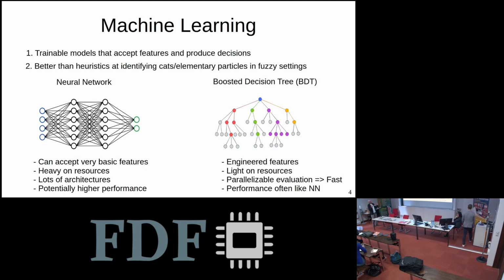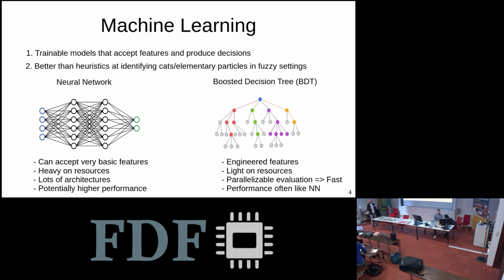In high-energy physics, there are 2 commonly used kinds of models: the neural network and the boosted decision tree. The neural network was already shown in some good presentations before me. It's based on the workings of the brain, and it has neurons, but it's usually more performant if you give it enough resources.